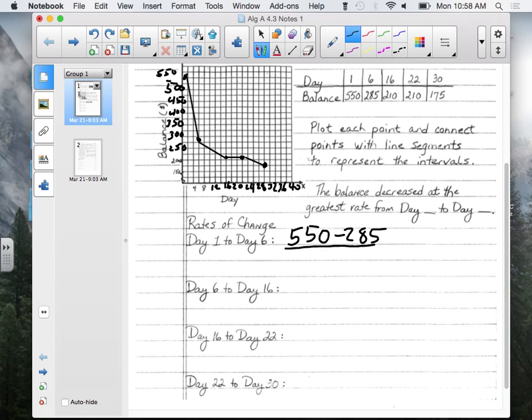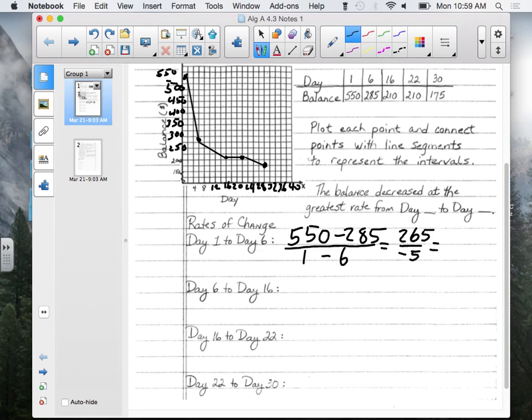So since 550 is first, the 1 would have to go first. And then we just subtract the next x values. So what is 265 divided by -5?